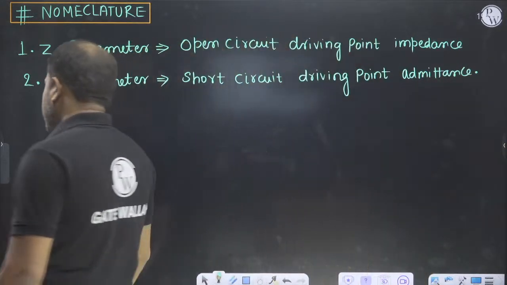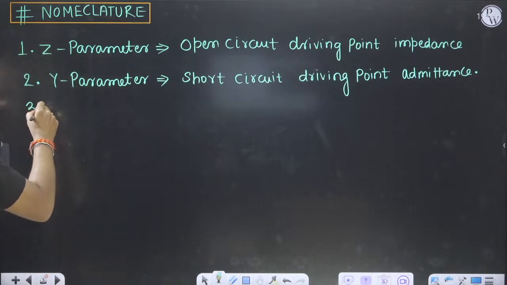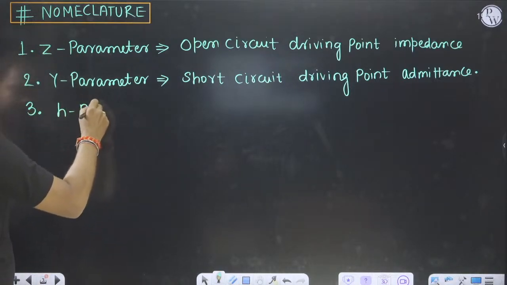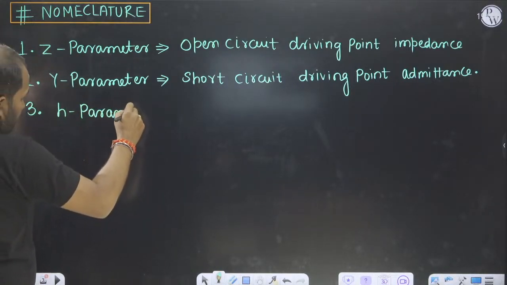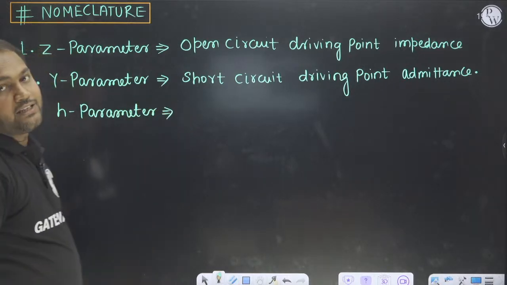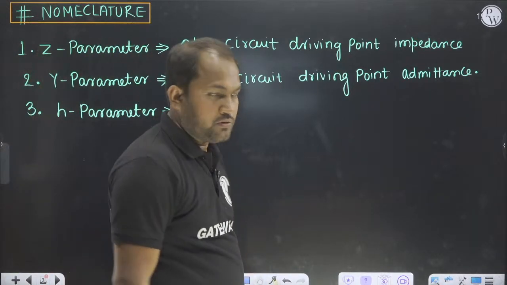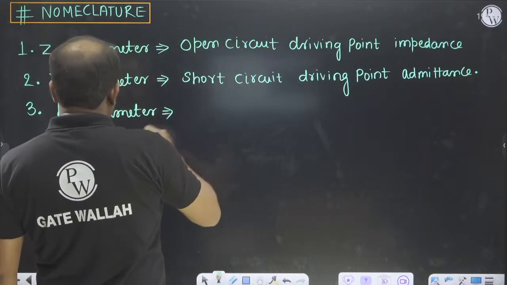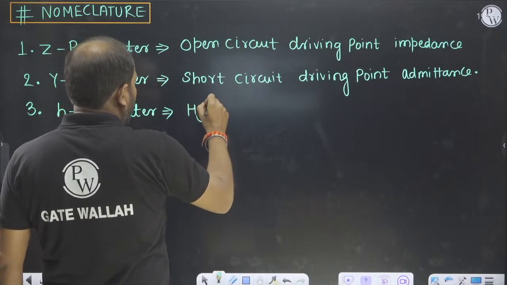And third one is H parameter. H parameter is hybrid parameter. That means it has open circuit impedance and short circuit admittance both. So H parameter is known as hybrid parameter.